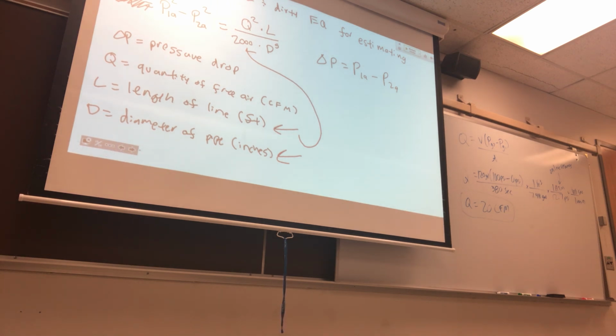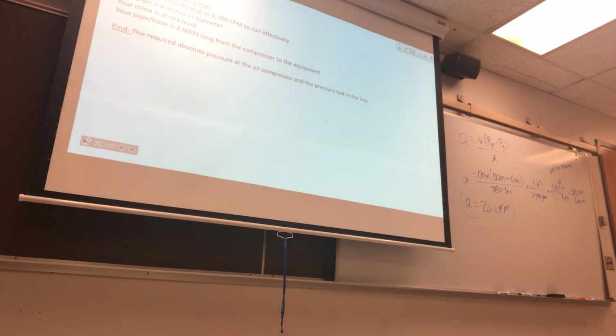Okay, so there's your tool. Let's do another question here. At your mine site, you know that your equipment needs 80 psig, so that gauge pressure reading, at 4,200 CFM to run effectively. Your pipe is 6 inches in diameter. Your mine is at sea level. And your hose is 2,000 feet long from the compressor to the equipment.